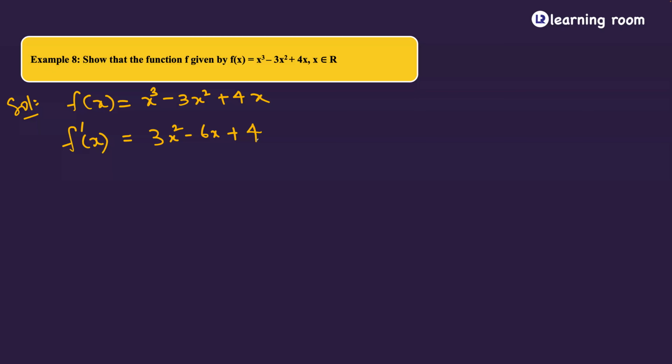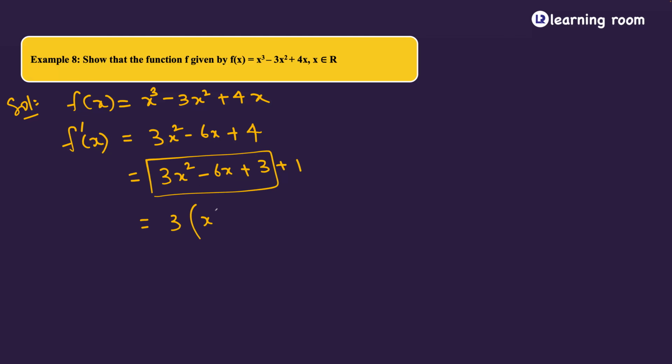Okay. So can I write this as 3x square minus 6x plus 3 plus 1? In this part, can I take out the 3 common? So 3 into x square minus 2x plus 1, plus a 1. Basically, this is x minus 1 the whole square. So 3 into x minus 1 the whole square plus 1. So what is the meaning of this?